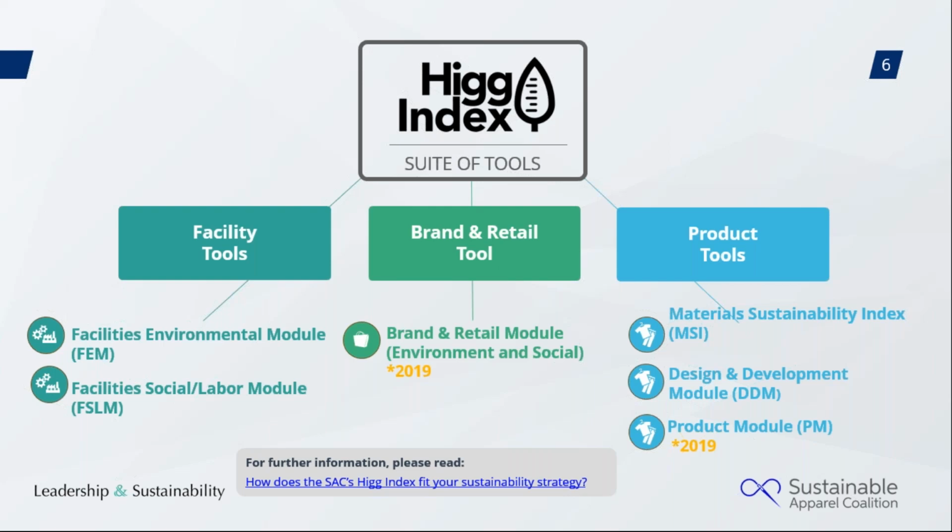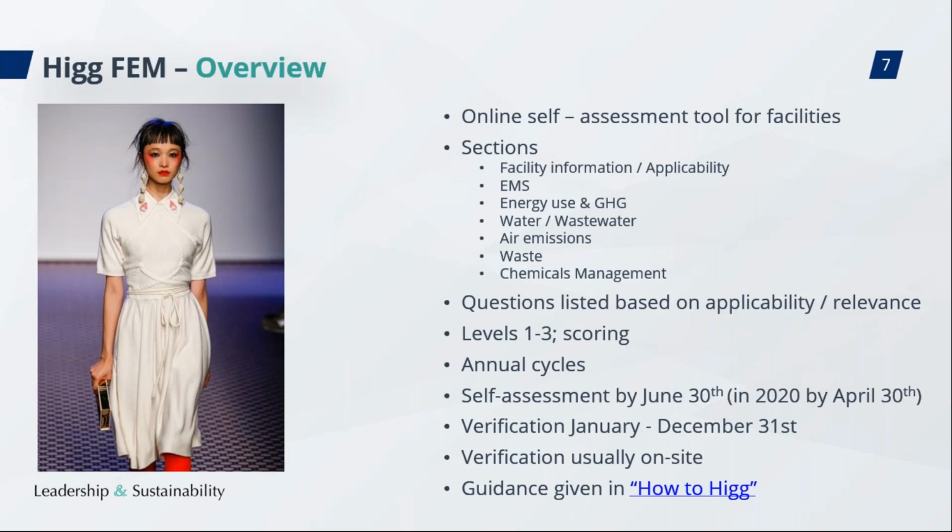Facility modules, to the left, focus on manufacturing sites, either your own or your suppliers, and then product tools focus on the product level. And I would like to give you an overview of the Higg FEM, the Facility Environmental Module, before we move into more details.